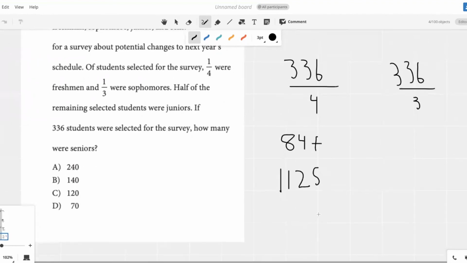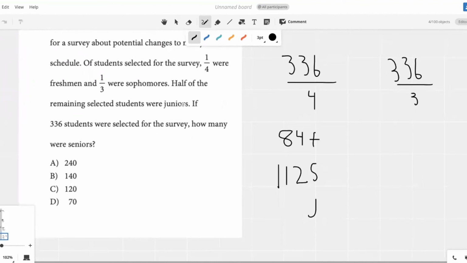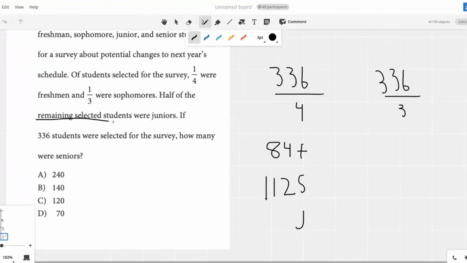So now let's find the total number of juniors, because that's the next step in this process. Half of the remaining selected students were juniors. So when it says remaining selected students, you need to subtract the total number of freshmen and sophomores from the total number of students. So we're going to do 336 minus 112 minus 84.